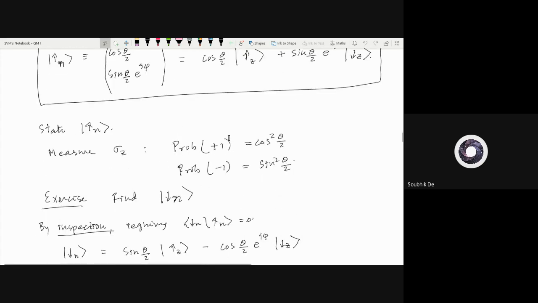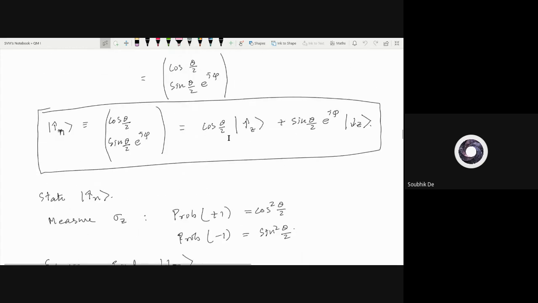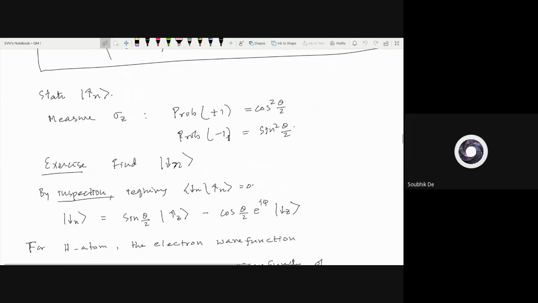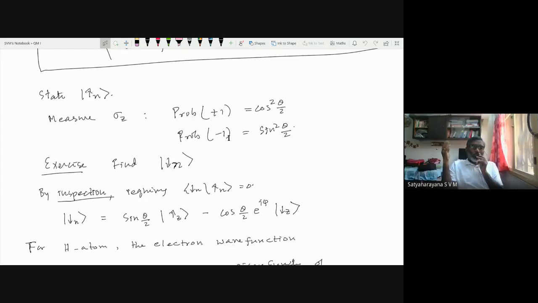So you are saying there will be an overall phase which you can ignore. Yes, that's correct. Overall phase we are not bothered about, because any state in quantum mechanics can be described only up to a phase factor.